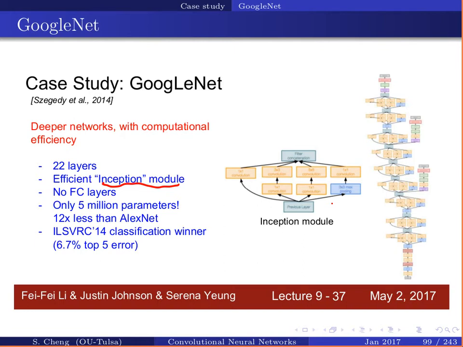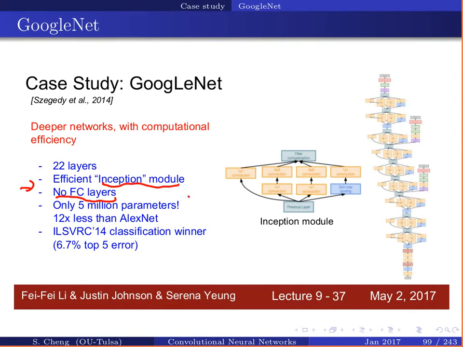So let's get back to GoogLeNet here. As I suggested, it borrowed lots of ideas from the Network in Network paper. They also avoid using fully connected layers in the last several layers, and they use certain tricks I will mention later on, so they manage to reduce a large number of parameters.